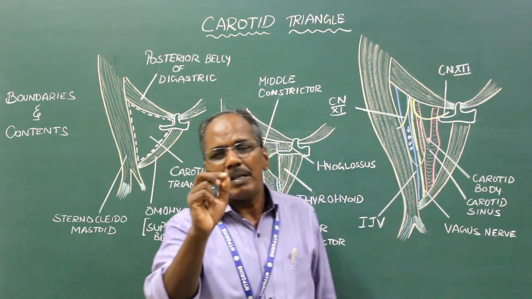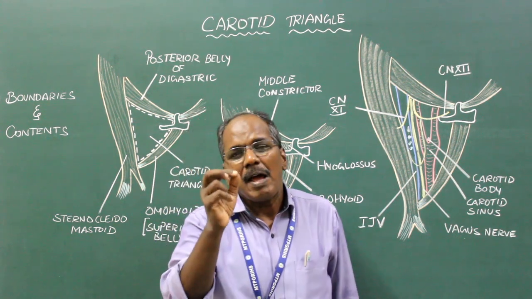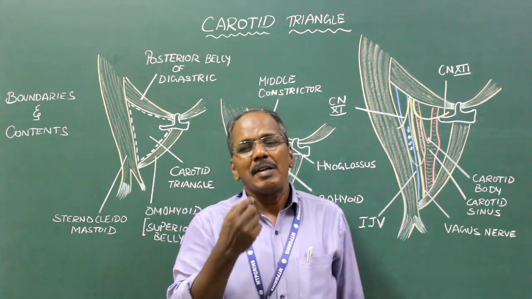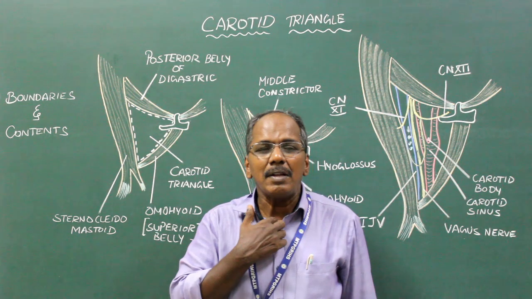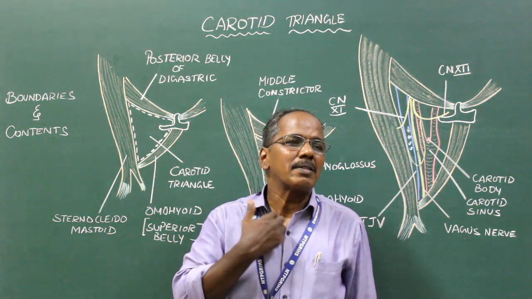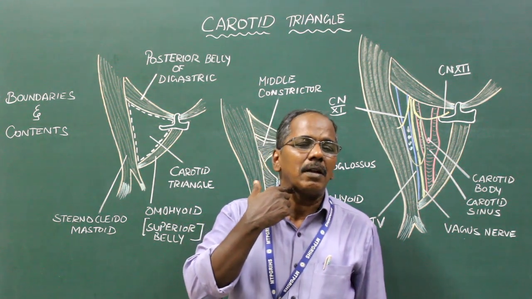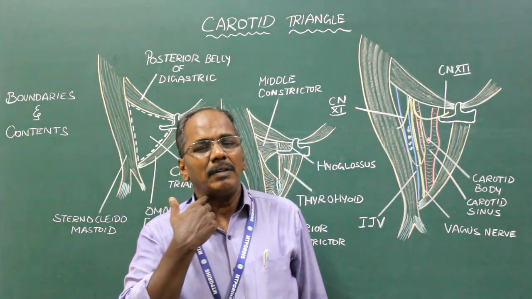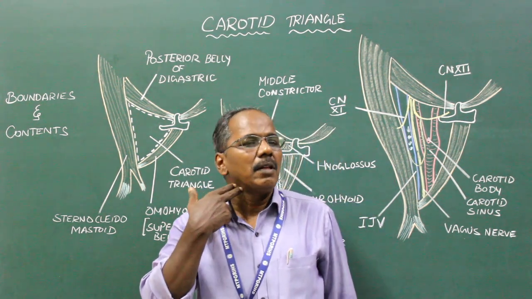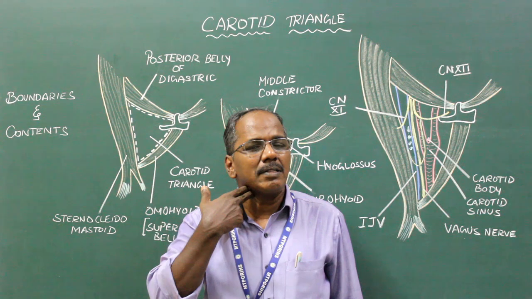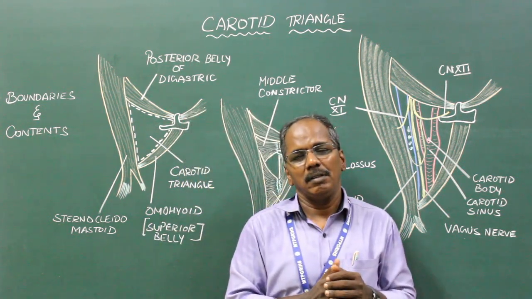The carotid tubercle is nothing but the anterior tubercle of the transverse process of 6th cervical vertebra, which lies 4 cm above the sternoclavicular joint. So 4 cm above the sternoclavicular joint, you can feel the carotid tubercle. Compressing the carotid artery against the tubercle, you can feel the pulsation of the carotid artery.